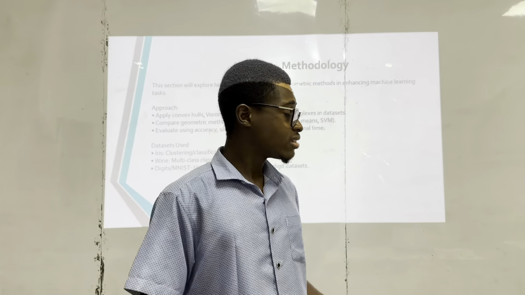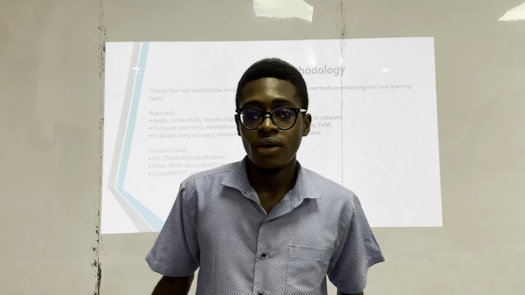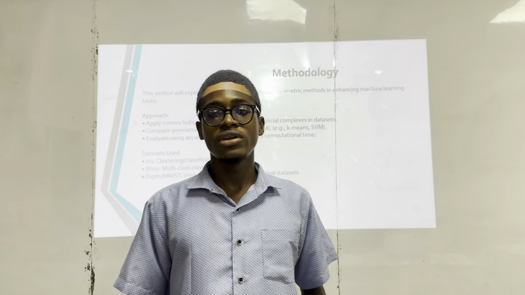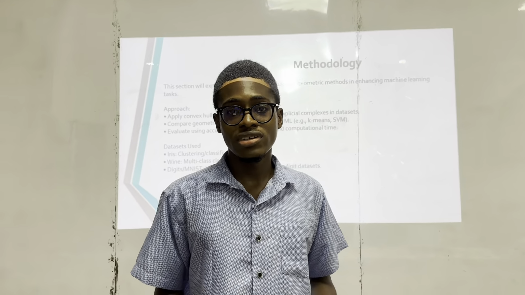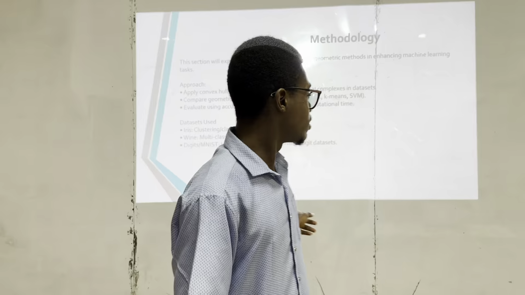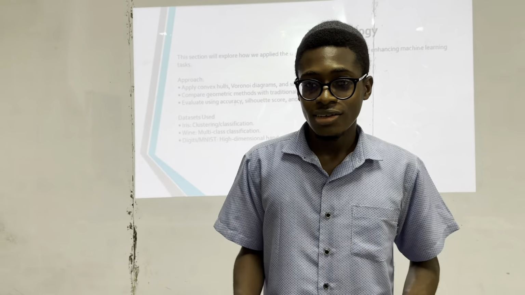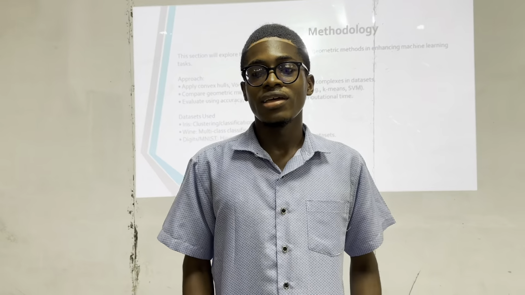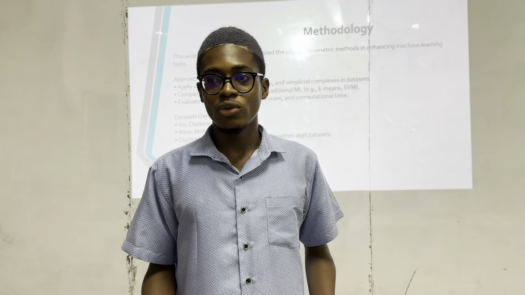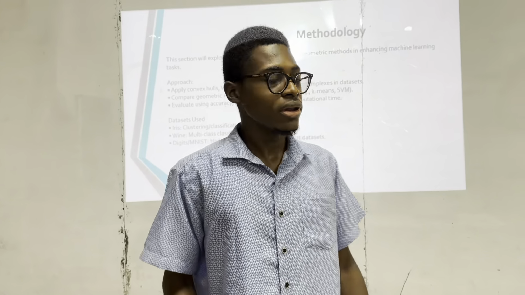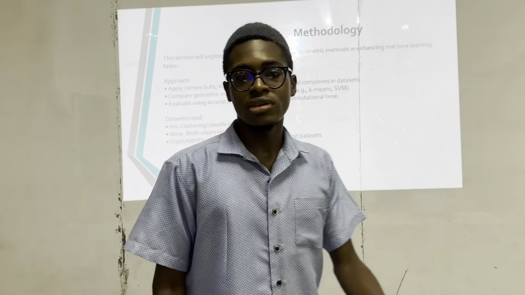Then the digits data set is a higher dimensional data set representing handwritten digits. And the MNIST data set is a large-scale data set ideal for testing the scalability of those methods. Now, the implementation steps.